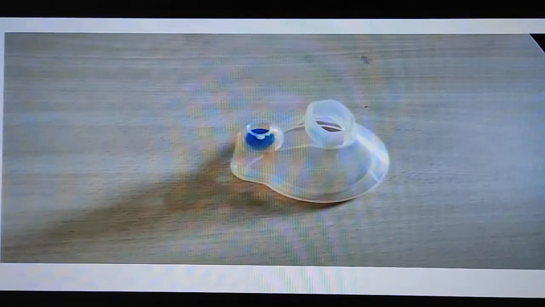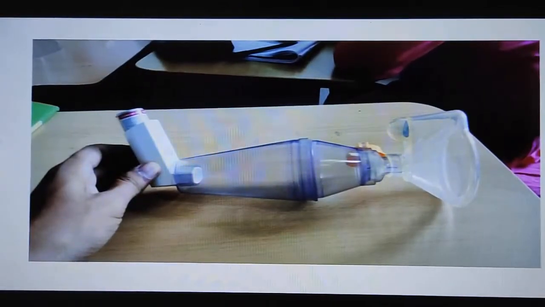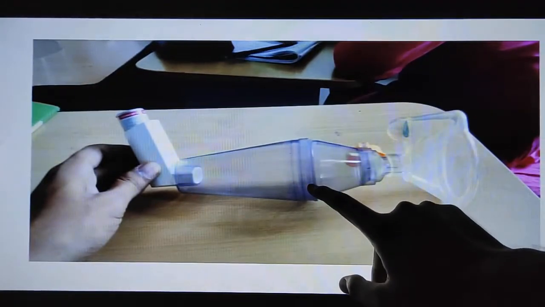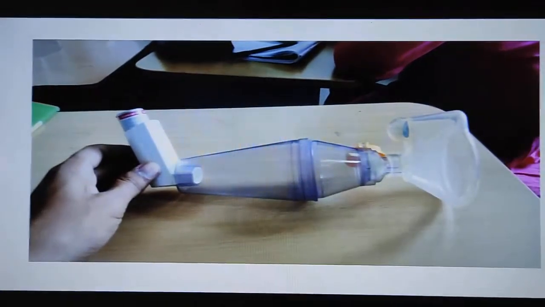This is simple face mask. Here it is showing how face mask, spacer device and metered dose inhaler are assembled together.